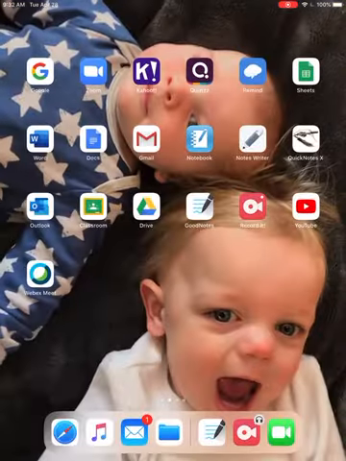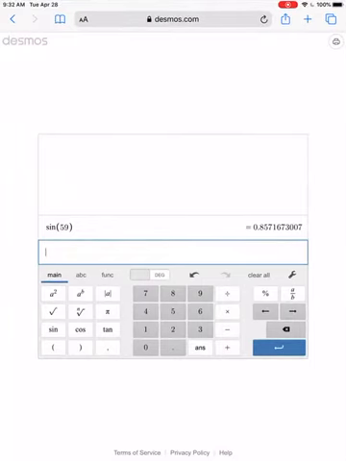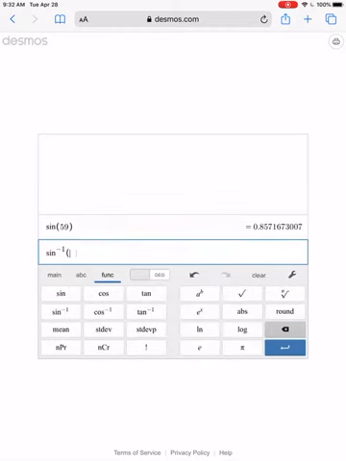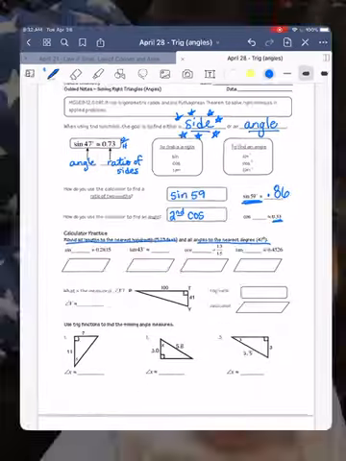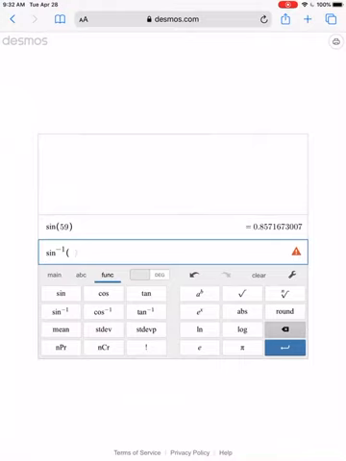On Desmos, it's not second, like in your handheld calculator, where you hit the second button and then cosine. In the Desmos calculator, if you go over here to the function, see how I went from main to function? We're going to do that, and go to cosine.